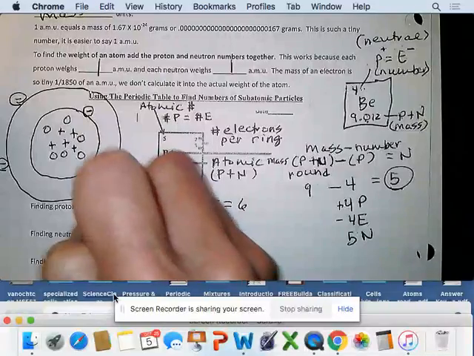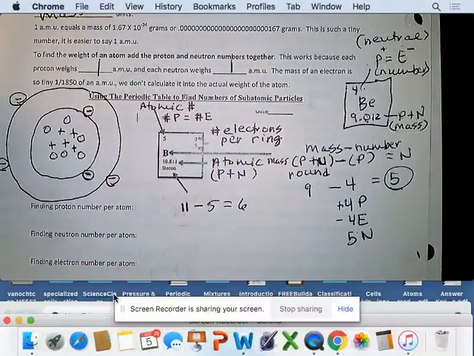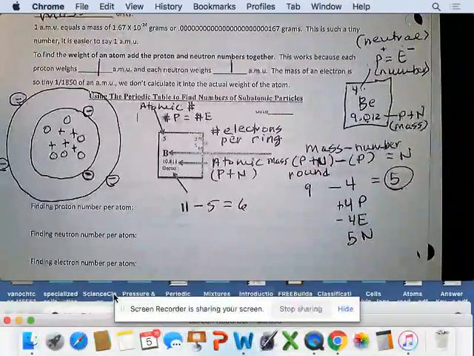So one of your objectives is to be able to build or draw models of atoms using your periodic table. So you have to know how to interpret the information on your table. You don't memorize your table, you just know how to use it. Okay? So we did our proton, our neutron, and our electron.